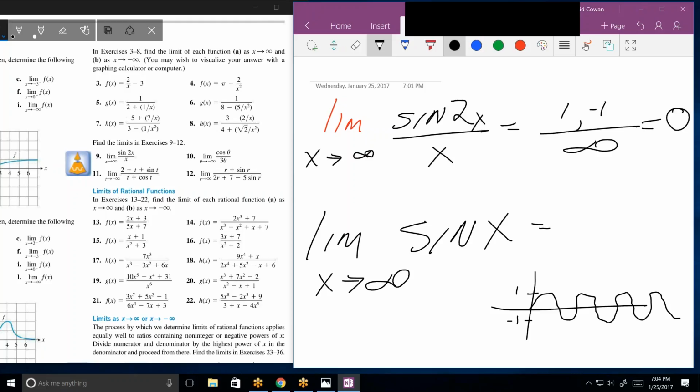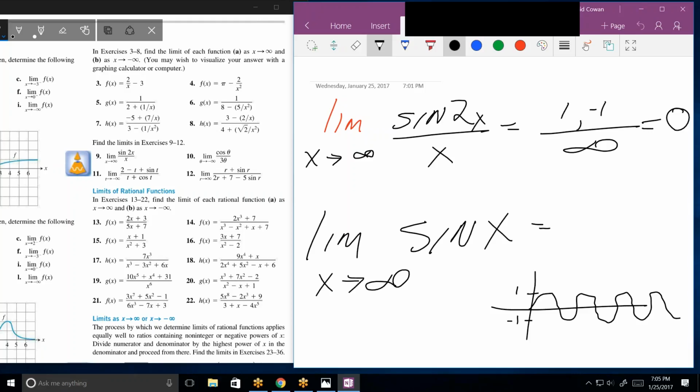Do you have answers on these? I can pull them up in the back of the book. Yeah, look and make sure we're doing this right. Number 9, just make sure it says 0. Okay. Not undefined. I'm 99% sure that it's 0, but I'm not 100% sure. So before we go on and I give you a bunch of false information, I'd like to verify that this says 0.